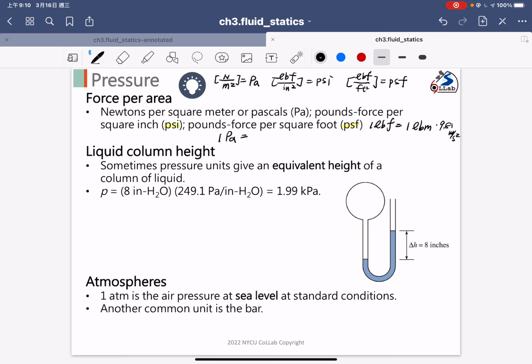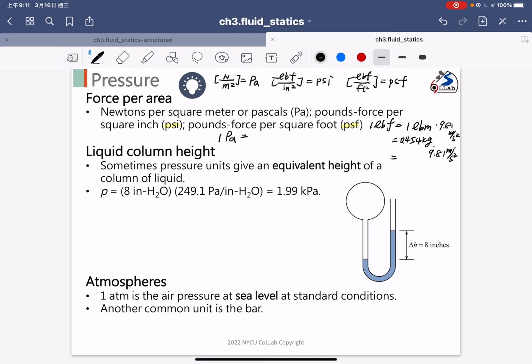Okay, so we can convert a 1 pound mass to kilograms. As I mentioned in our previous class, we know the 1 pound mass is equal to 0.454 kilogram, and then you multiply by 9.81 meter per second squared.